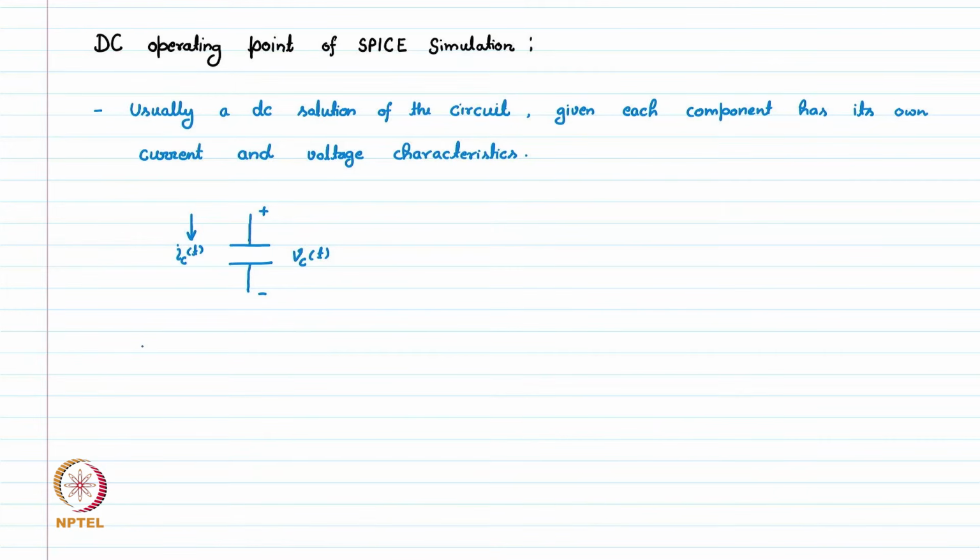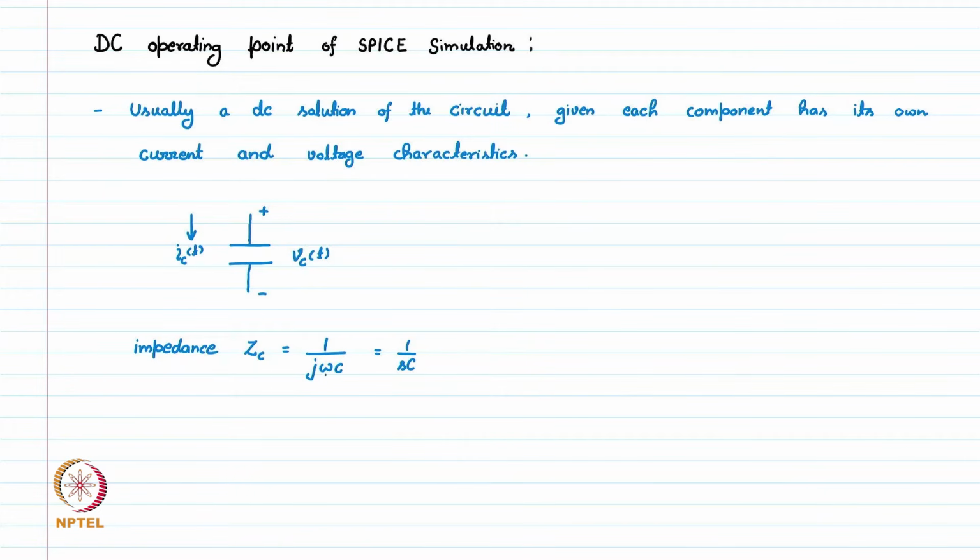So, we can write the impedance of this capacitor as 1 over j omega C, or sometimes in the Laplace domain, we write it as 1 over sC.